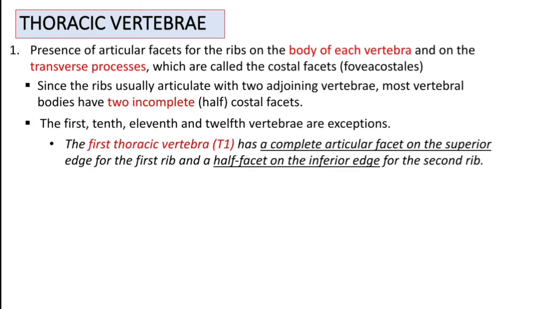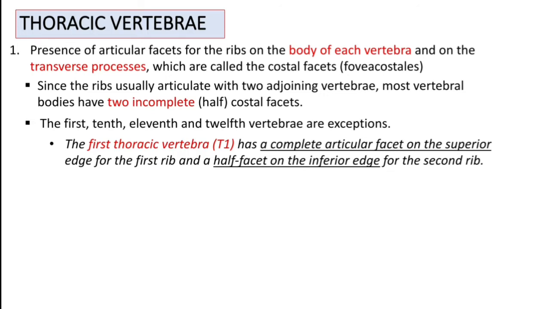The first thoracic vertebra, T1, has a complete articular facet on the superior edge for the first rib and a half facet on the inferior edge for the second rib.